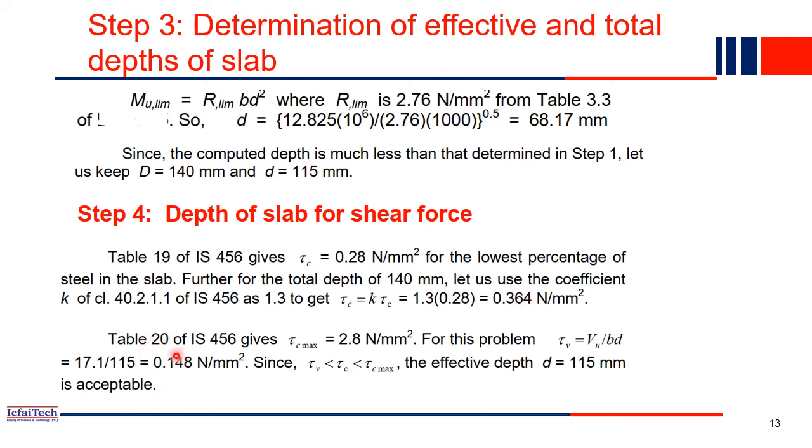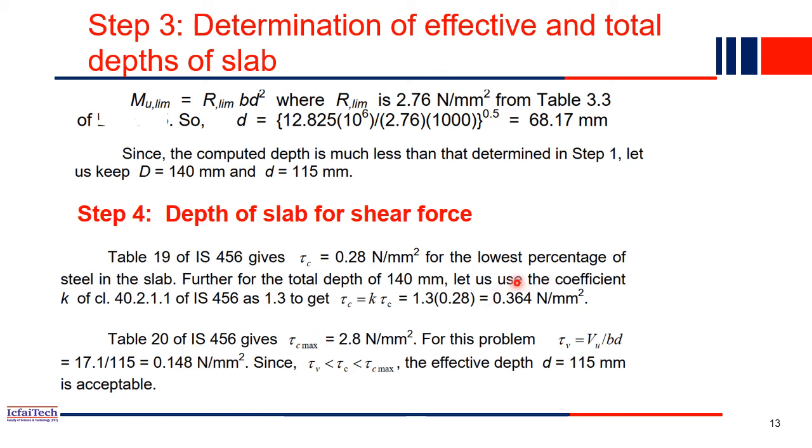Now from table 20 of IS456, tau c max will give you 2.8. So from our problem, how much is the applied shear stress? It is the maximum shear force by B into D. The maximum shear force Vu, in the last slide we computed 17.1, divided by B into D. B is 1 and D is 115, which comes out to be 0.148 Newton per mm square.